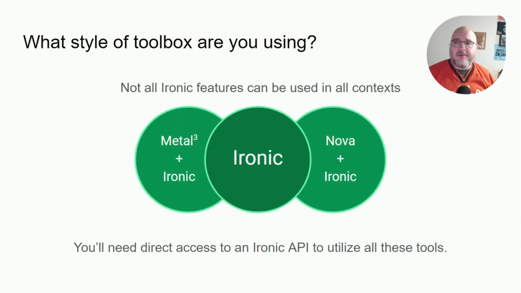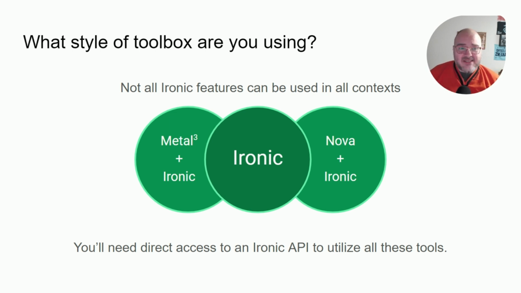The other thing to keep in mind is that not all Ironic features can be used in all contexts. What I mean by that is, if you're looking at Ironic through a more generic API like Metal Cubed, which exposes a portion of Ironic's functionality through a CNCF style API, or if you're using it via Nova, then you're getting a limited set of Ironic's features when it comes to deploying those instances.